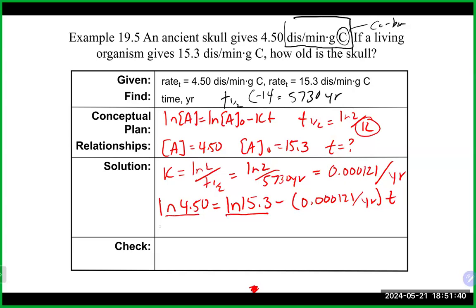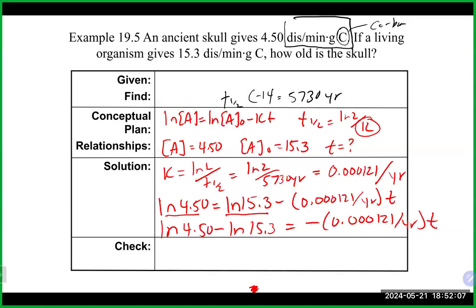For me personally, I go natural log of 15.3, then subtract natural log of 4.5 from it, so I end up doing this in terms of the math. If you do that, take natural log of 4.5 minus the natural log of 15.3, that is going to get you there.